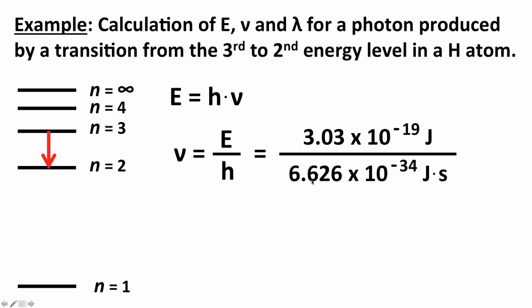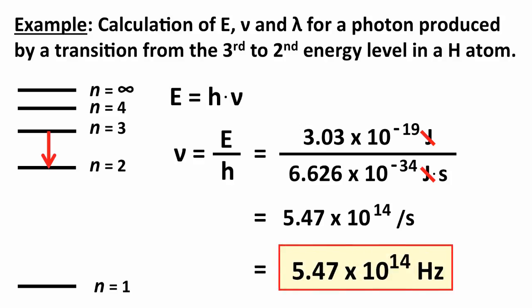Planck's constant, 6.626 times 10 to the minus 34th joule seconds. And the joules will cancel. And it gives us 5.47 times 10 to the 14th per second for the frequency, which is of course the same as 5.47 times 10 to the 14th hertz. So we now have the frequency.